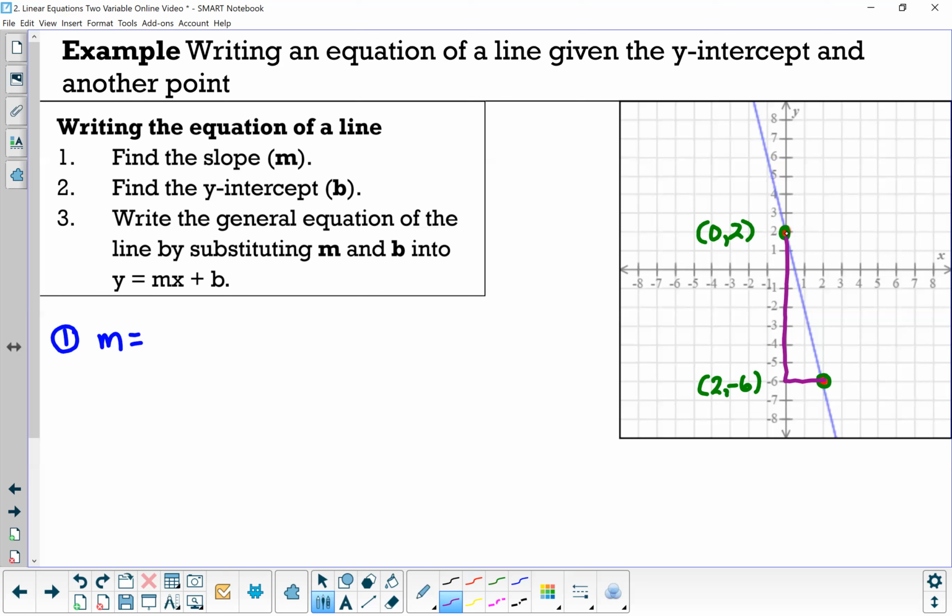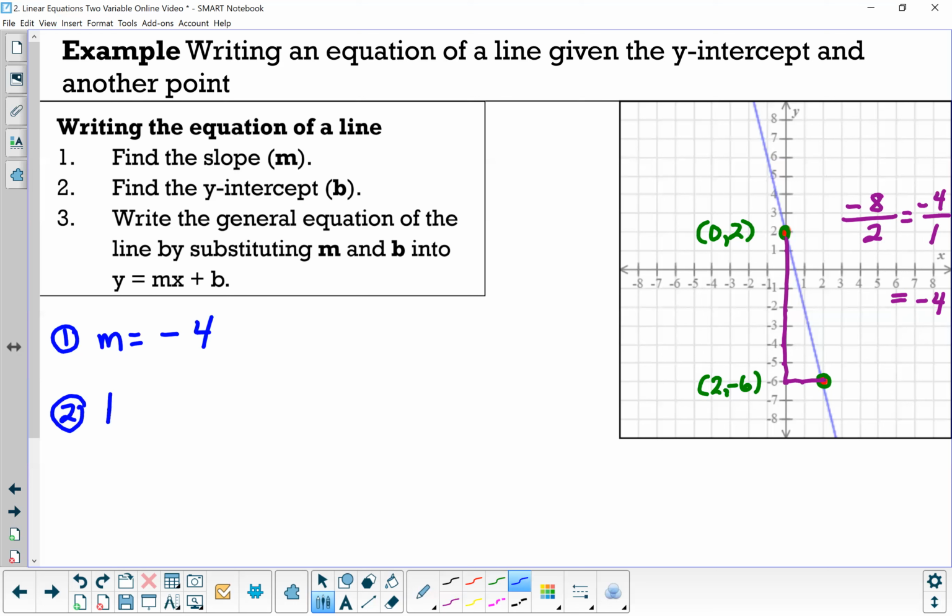So if I start up here and count down 1, 2, 3, 4, 5, 6, 7, 8, I went down 8. So I'm going to put -8 in my numerator. Then I'm going to count to the right: 1, 2. So I went right 2. That's going to equal -4 over 1, which can also be written as just -4. All right, perfect. So our slope is -4.